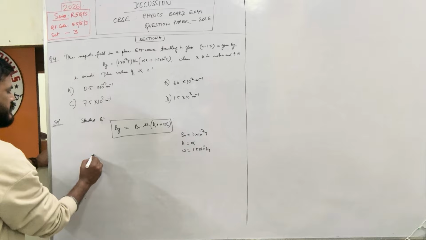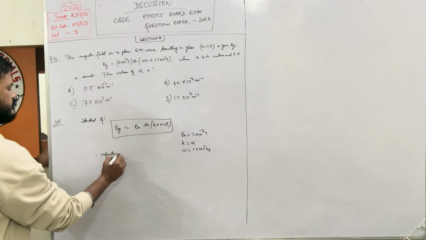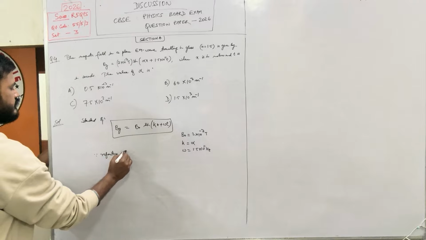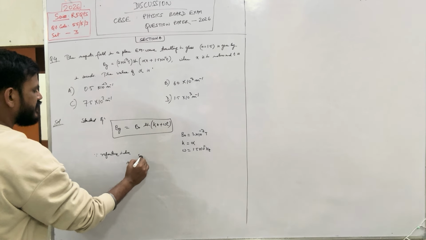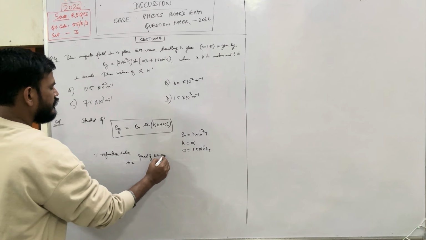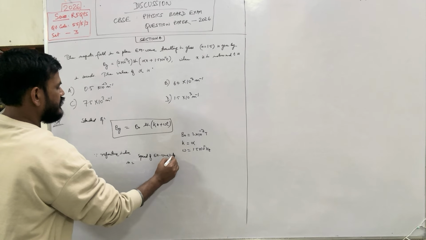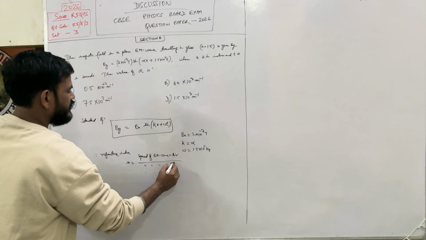Now we know the refractive index n is given by speed of EM wave in air divided by speed of EM wave in medium.